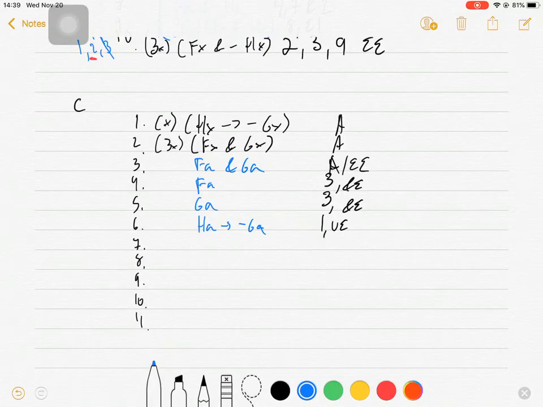Now we can't do modus tollens yet because in line 5, GA is not the negation of negation GA. So we're going to have to do the double negation on line 5.